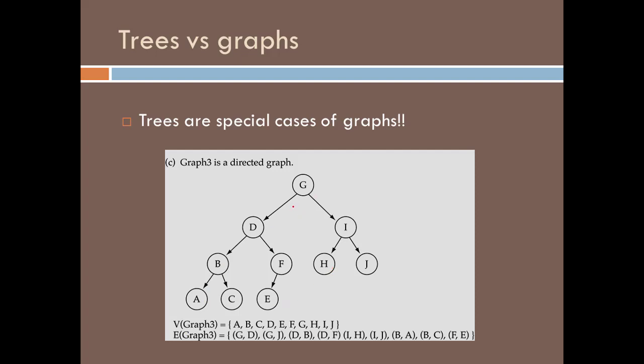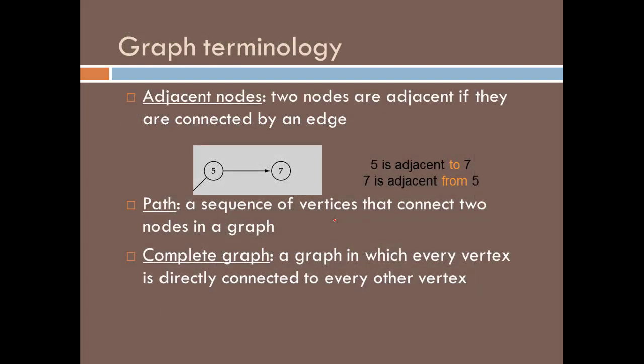Because this is a directed graph, we have to carefully extract the edges from this graph: E to D, E to I, I to H, I to J and so on. So we identify all those tuples and we draw them. This will be the set of vertices and edges for this particular directed graph.